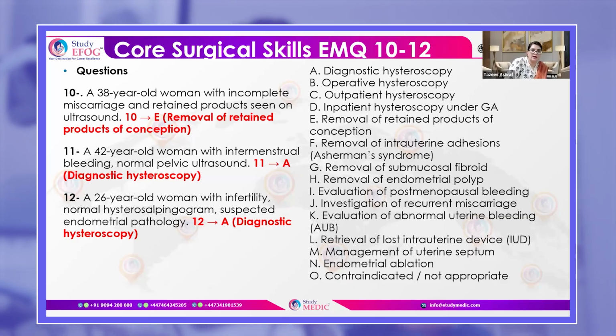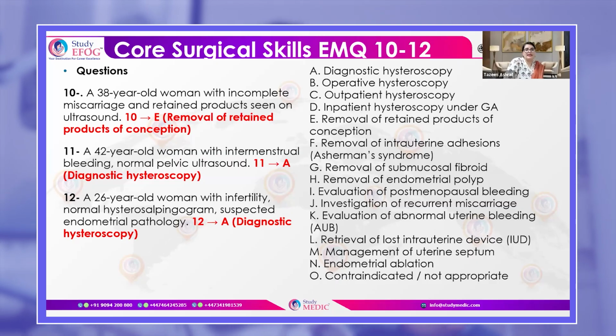So that is diagnostic hysteroscopy, which we are going to do with this woman. If they say that some polyp is already diagnosed, then it would be therapeutic. Definitely that is operative hysteroscopy. Then the option would change to operative hysteroscopy.